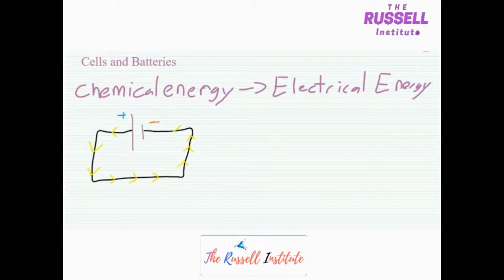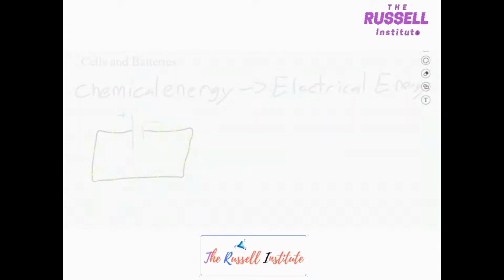So electrical current flows from positive to negative. And that's always the case. Electrical current will flow from positive to negative.